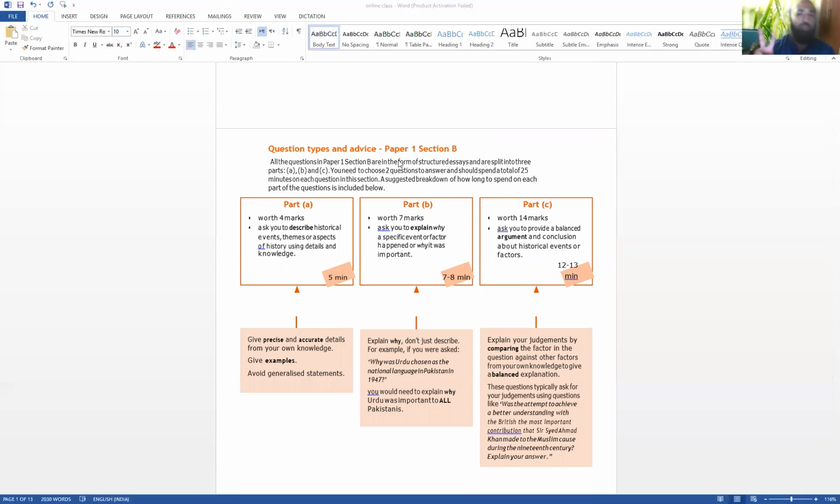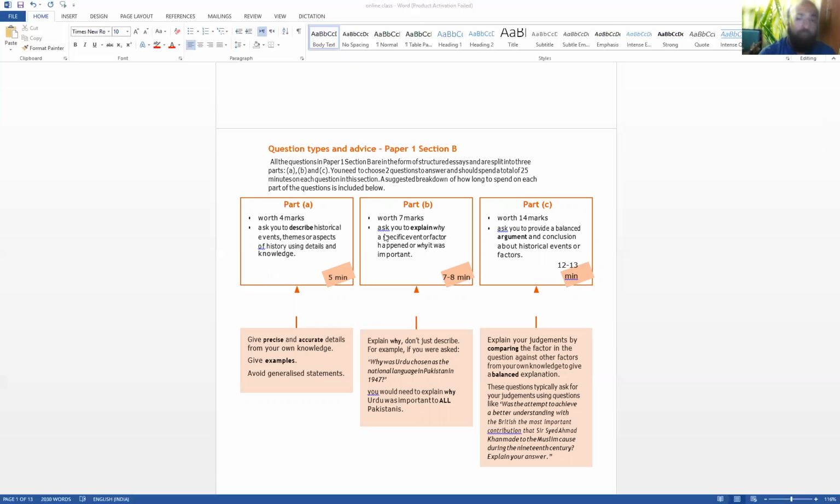Each question has 3 parts. A is about 4 marks, you can see here. B is about 7 marks and C about 14 marks. In the 4-mark question, you will have to give two facts and two developing statements.